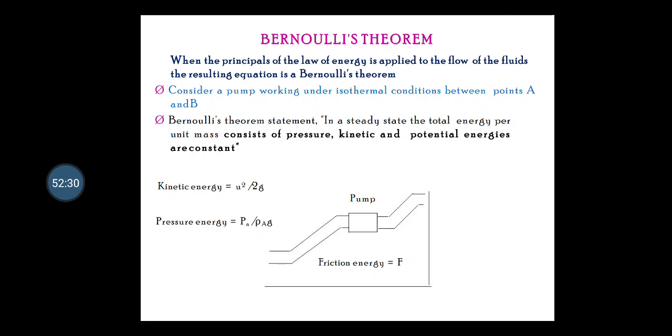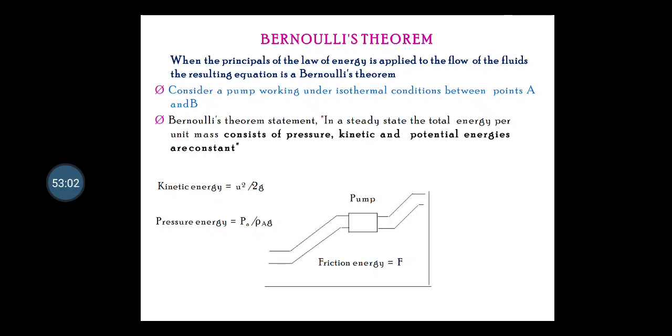So pressure energy, or the flow energy, you can say, is an energy form peculiar to the flow of fluids. The work done is the product of pressure and the volume. The volume of unit mass of the liquid is the reciprocal of the density, that is your rho. For an incompressible fluid, the density does not depend on the pressure.